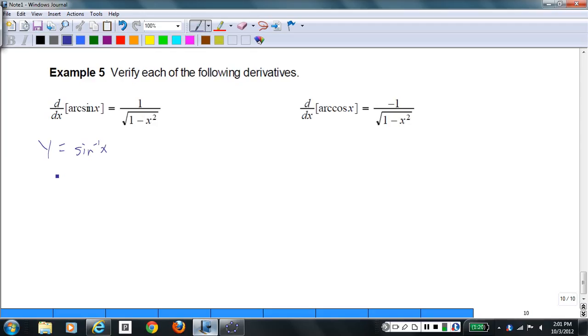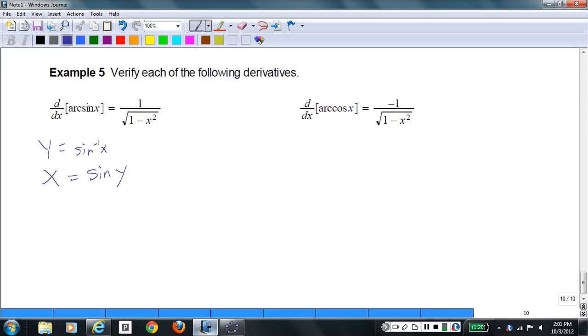I believe this is equivalent to saying x equals the sine of y. Yep. X equals the sine of y. So what I want to do is find dx dy, take the reciprocal of that, and then try, if I can, to write it explicitly in terms of x.